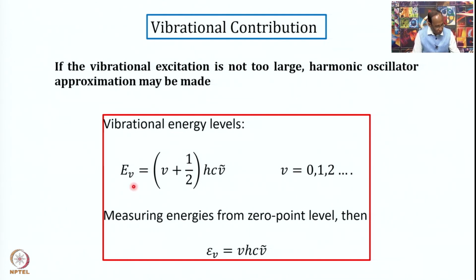So we used Ev equal to (v plus half) hc nu bar, where v is equal to 0, 1, 2. We have just discussed that. That is because we want to measure energies from the zero point level. In that case, Ev is equal to v hc nu bar.